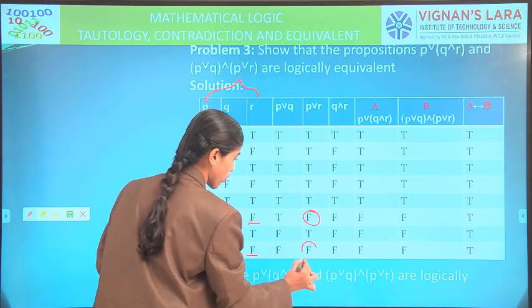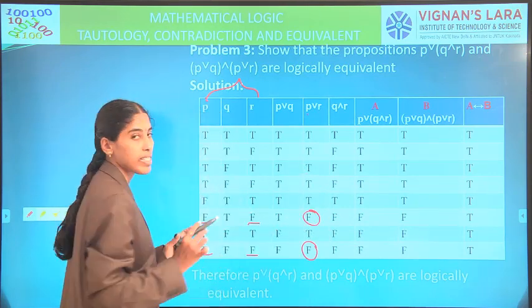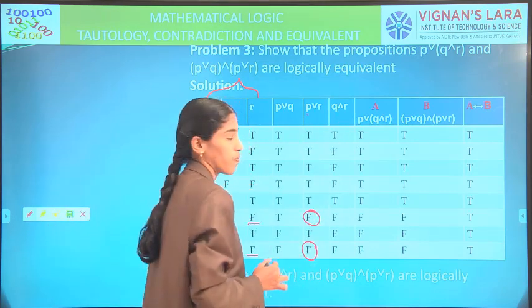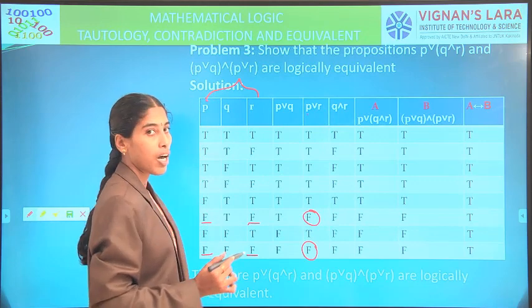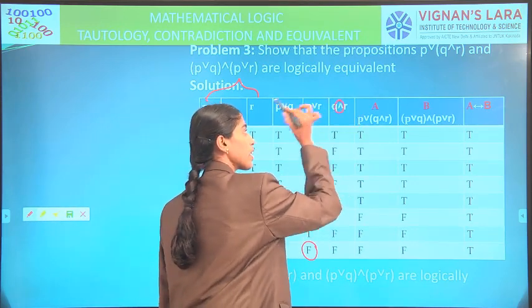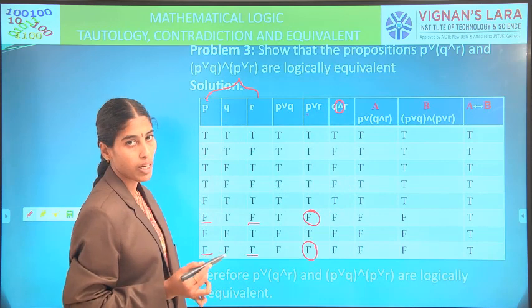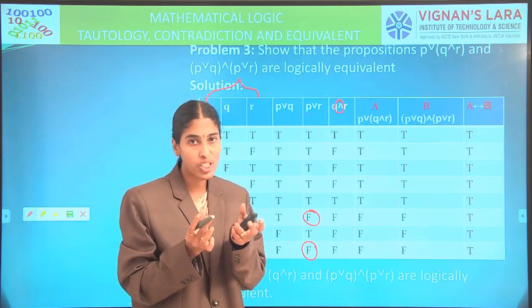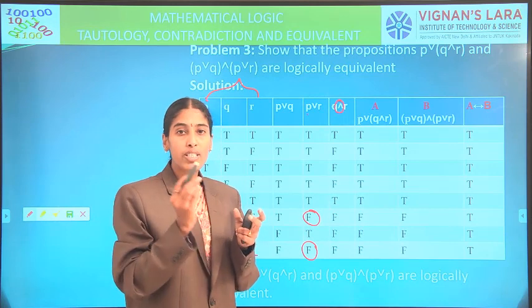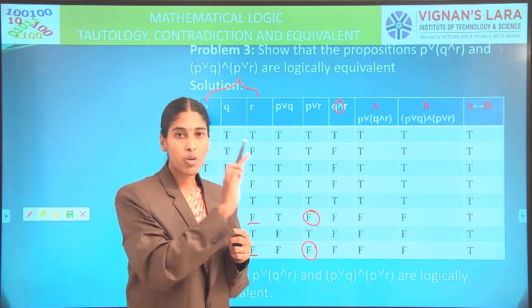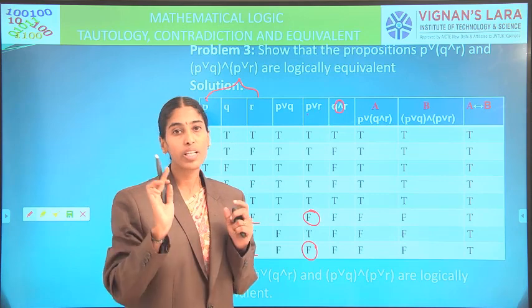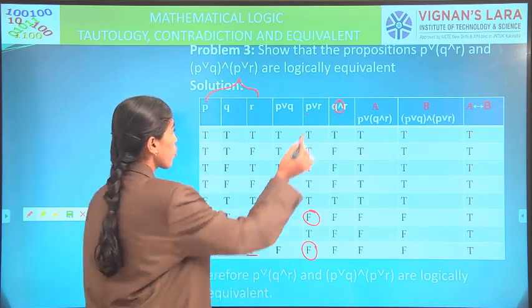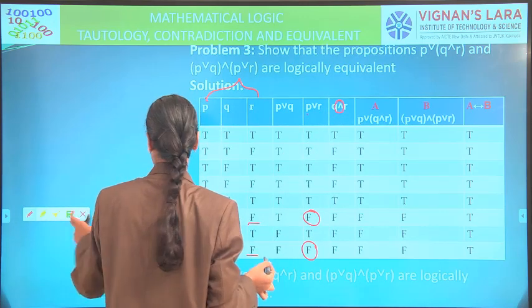If you observe, in all the remaining cases it is true. Then P AND (Q OR R). Here the symbol is different. Here we are applying the AND symbol, the conjunction symbol. Why do we apply the conjunction? The value is true only in one case. First one and second one are T, then the value is T. In all the remaining three cases it is false. So P AND (Q OR R).